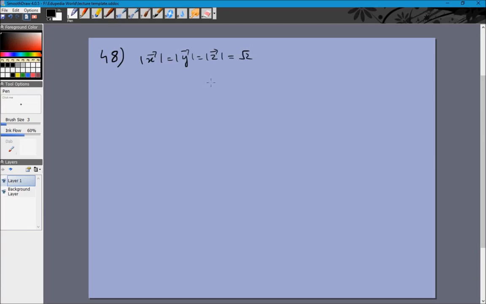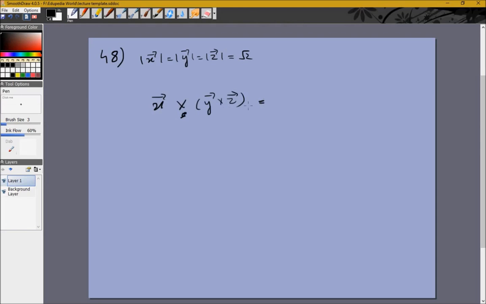A is a non-zero vector perpendicular to X and Y cross Z. So then what we can say is A is equal to K times a random vector perpendicular to X and Y cross Z. So the vector perpendicular to X and to Y cross Z will be X cross Y cross Z. This is perpendicular to both X and Y cross Z.